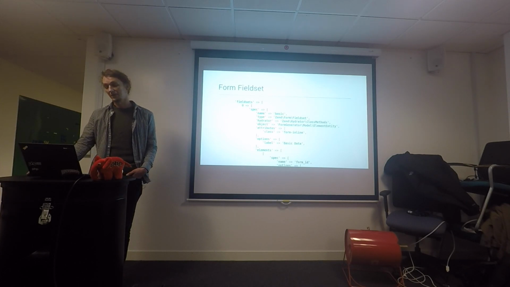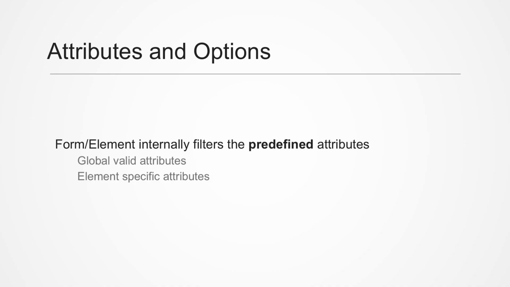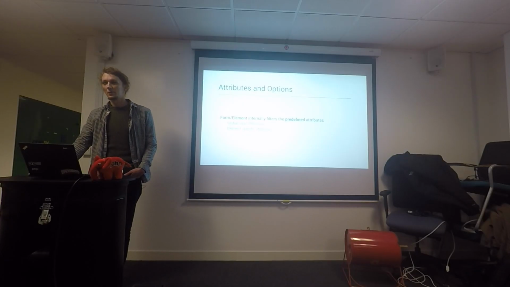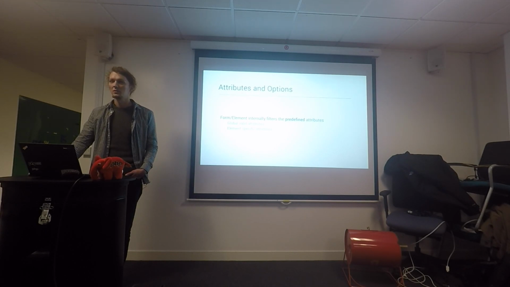I mean, particularly here, we have a fieldset with elements in it. I mentioned attributes and options given for the element. There are global and element specific attributes. For the range, for example, we would use min and max and inclusive.